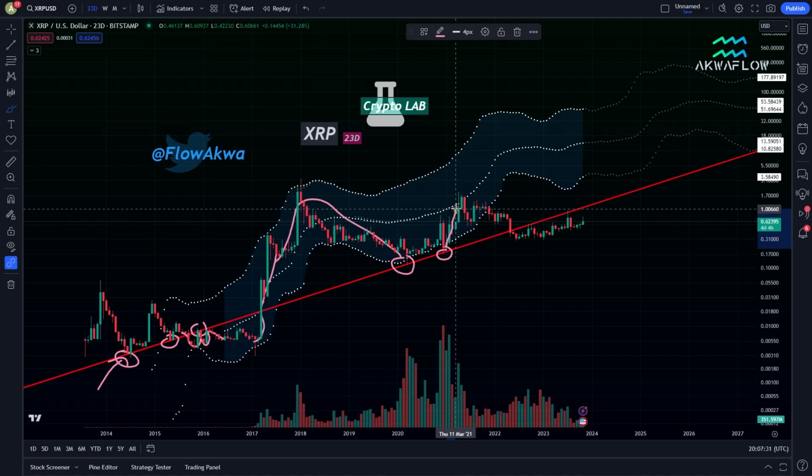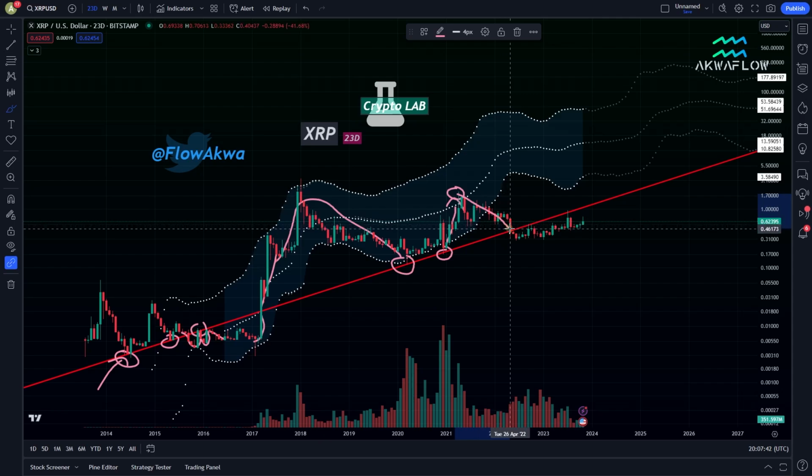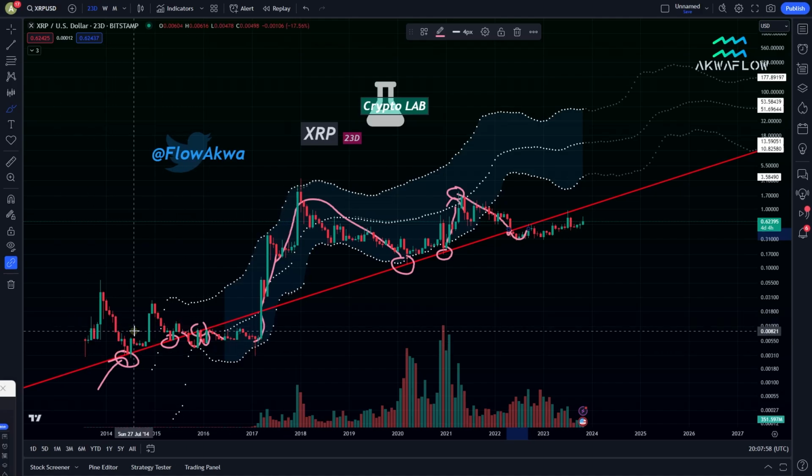Then we have a small bull run compared to this one. This one was small, but it was still a bull run. We have our local top and we went down to the line, but this time we closed below it. And that's why we started using it as a resistance this time. And as you can see, it was exactly the same thing just right here.